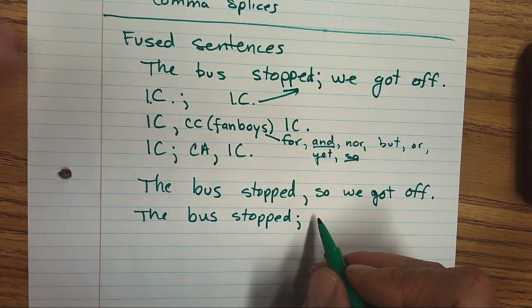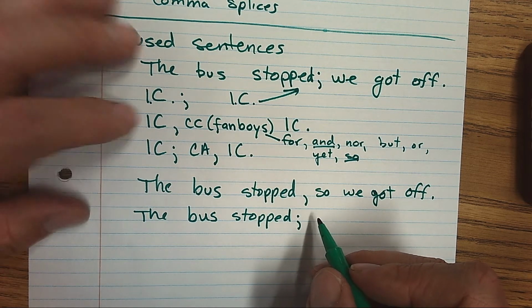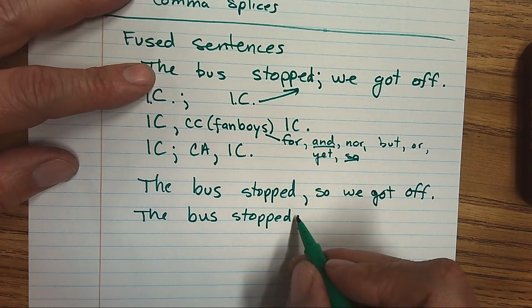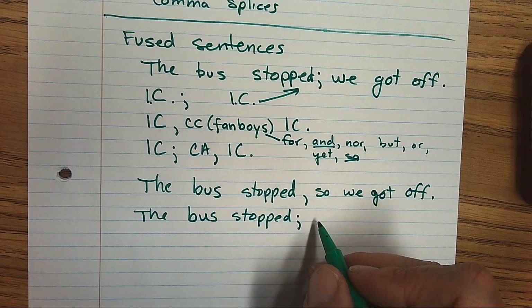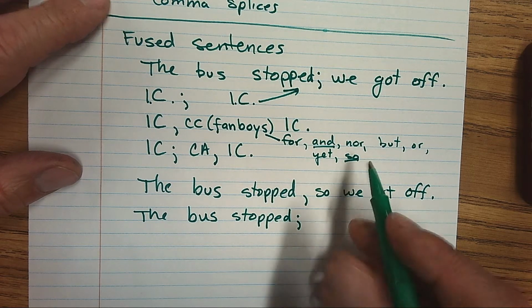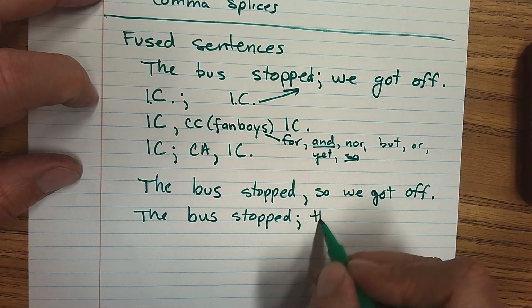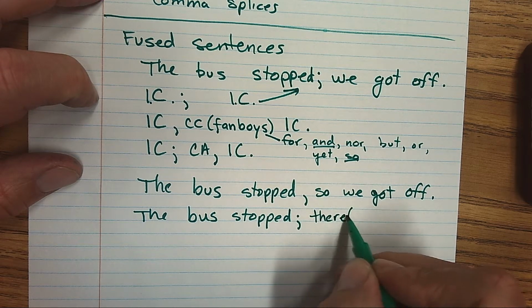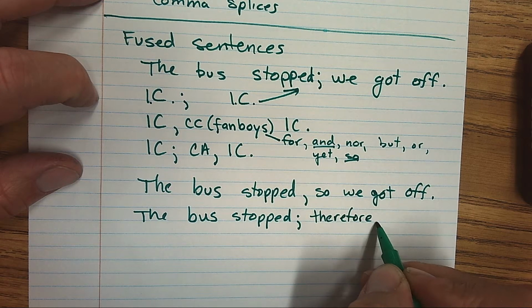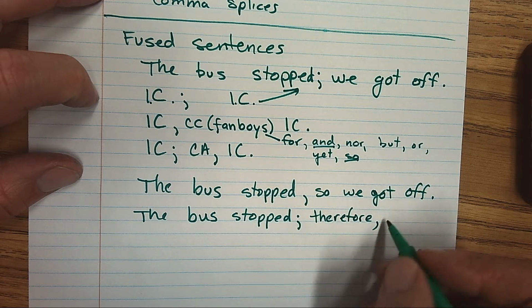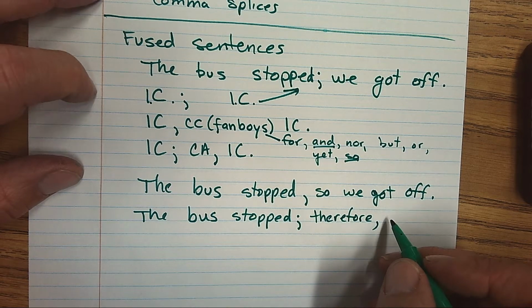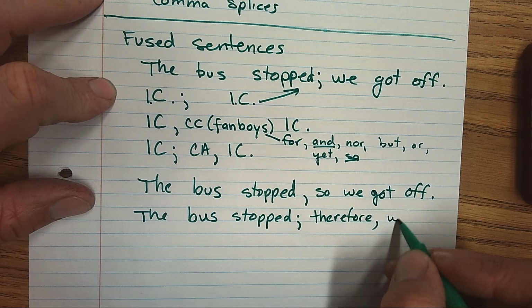Now you need to memorize many of the conjunctive adverbs to use this pattern correctly. One of them is similar to a cause and effect. So therefore is one of them. Therefore, it's a conjunctive adverb, so we offset it with a comma at the beginning of this clause.